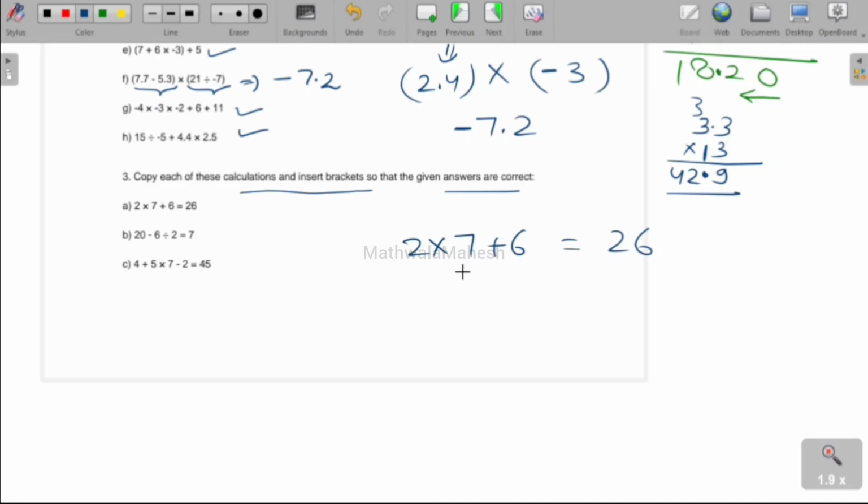Now if we put bracket here, then 2 multiply by 7 is 14 plus 6 which is 20. So it is not correct because our answer is 26. So we have to provide bracket according to this.